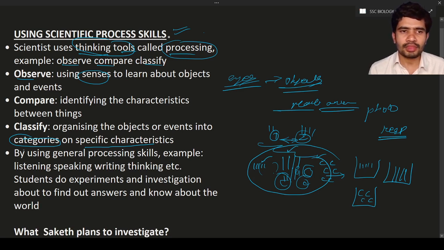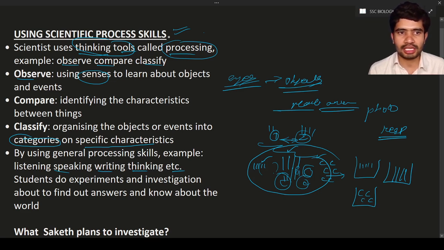By using general processing skills, we can also do the same thing. Not only scientists, we normal persons can also use processing skills, for example by listening, speaking, writing, thinking, etc. These are all general processing skills that we can use as scientific processing skills.